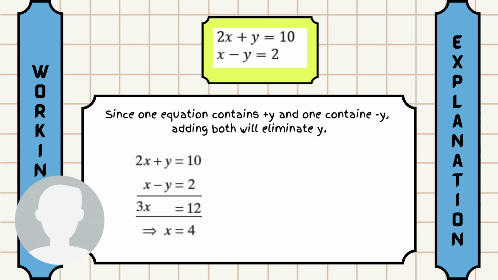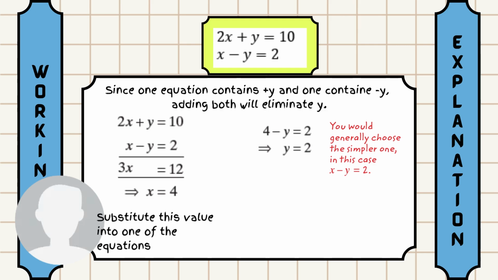So what we have here is 2x plus y equals 10 and x minus y equals 2. When we add both of these equations, we will get 3x equals 12. And we can solve for x. So here, x equals 4.